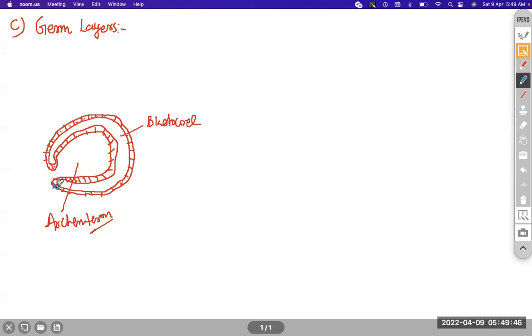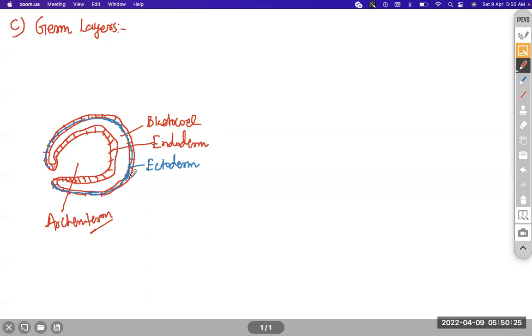The layer outside is called ectoderm. जो ब्लू लाइन से बना रहे हैं, और जो रेड रह गया अकेला, दिस इज एंडोडर्म. ठीक.